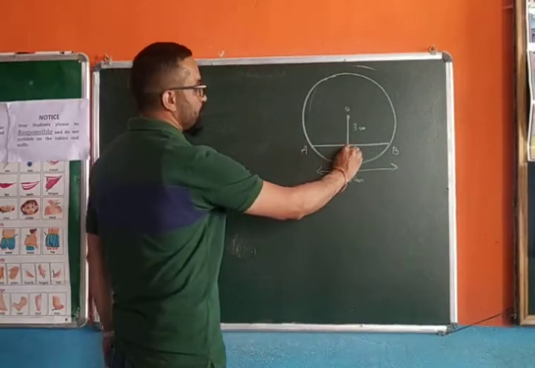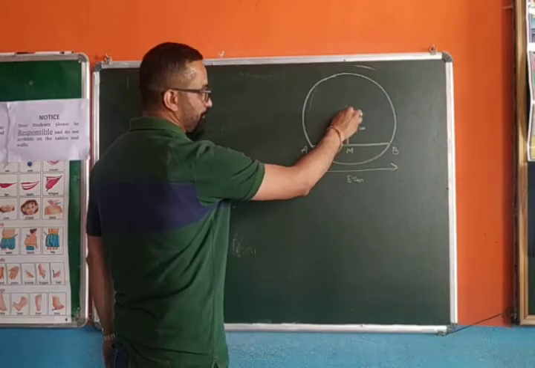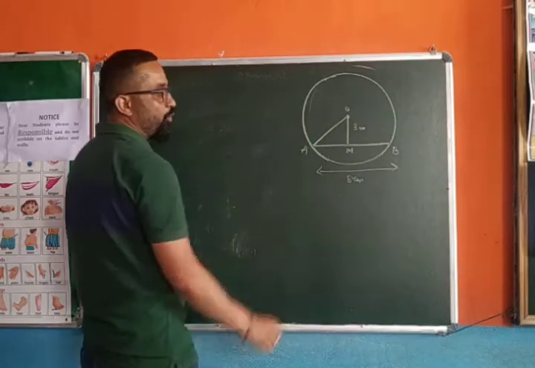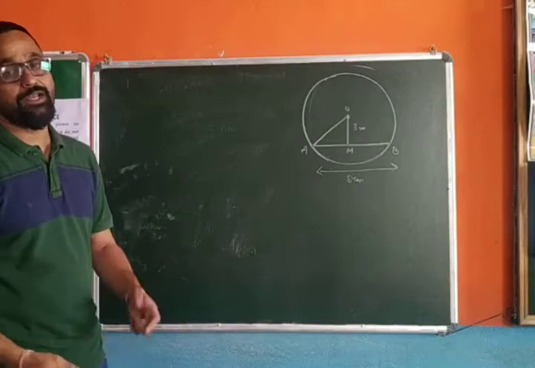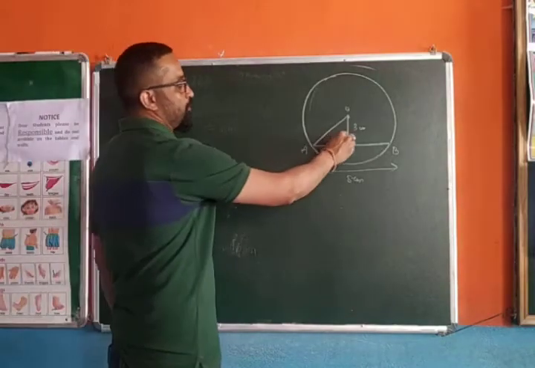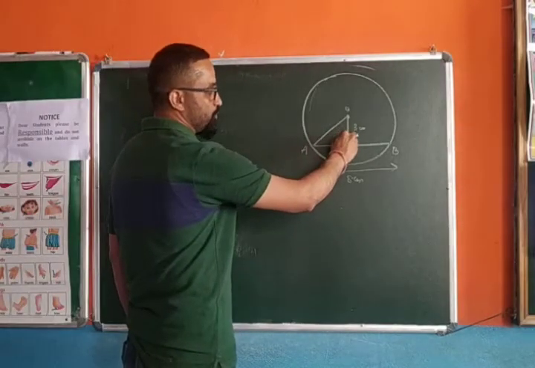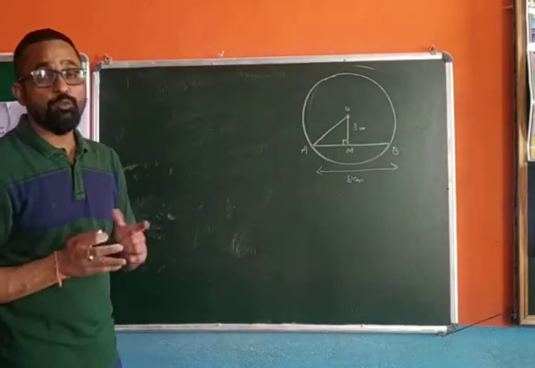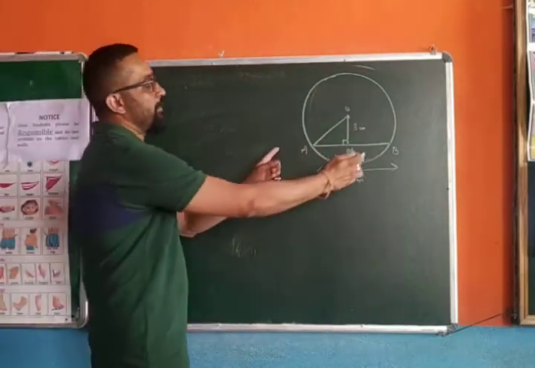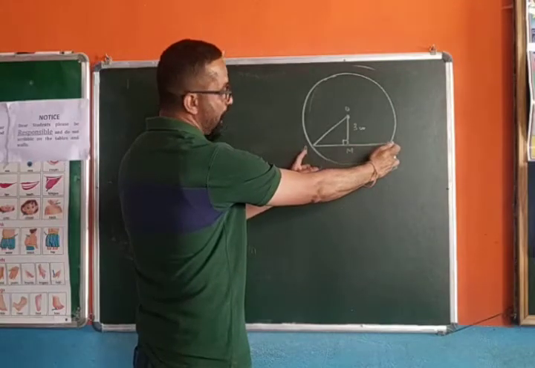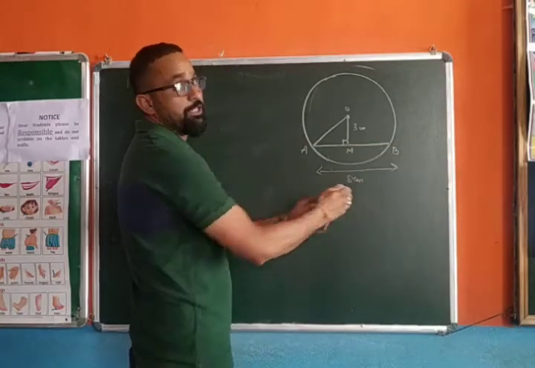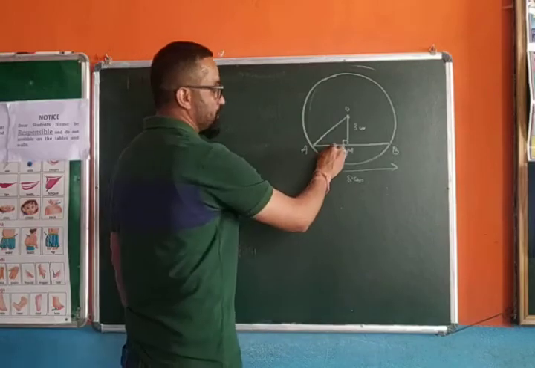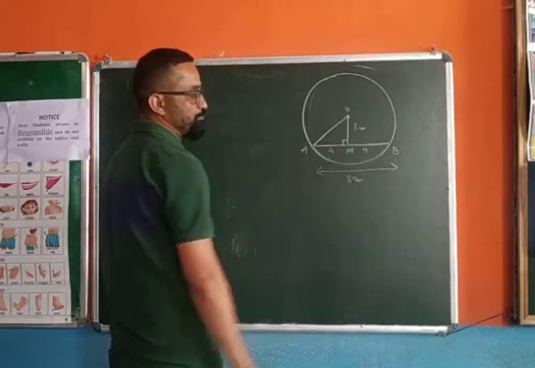So intersection we write it as M. Join AO. AO is the radius. Theorem tells you that line drawn from the center to the chord is always perpendicular and it divides the chord in equal halves. So 8 will be divided in 2 equal parts, 4, 4.